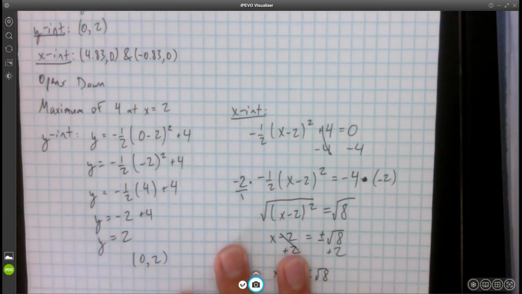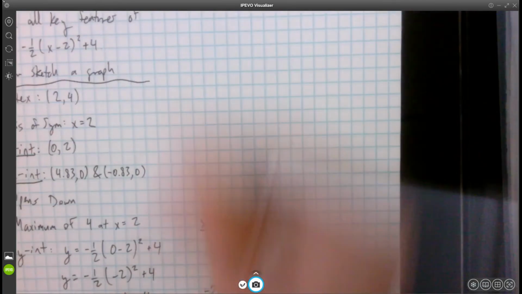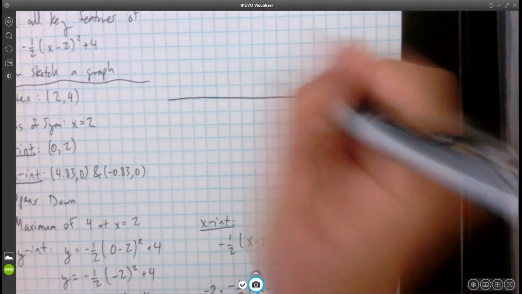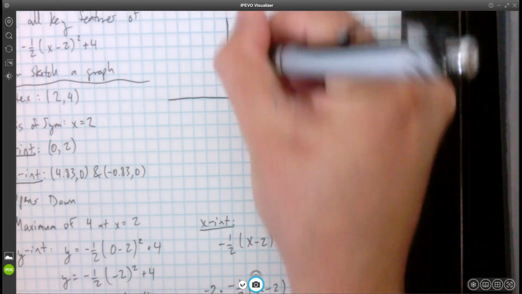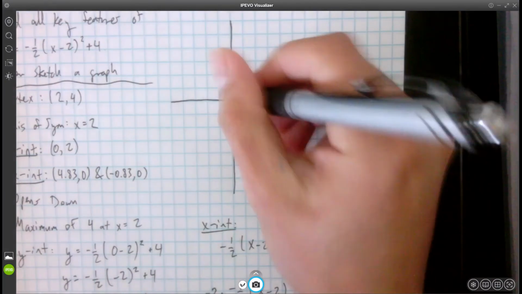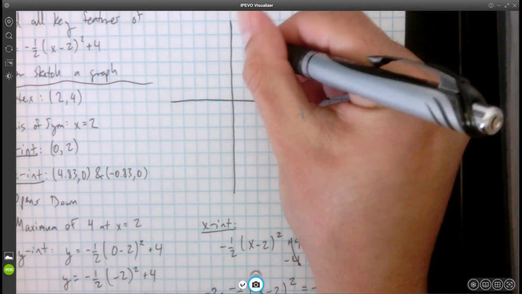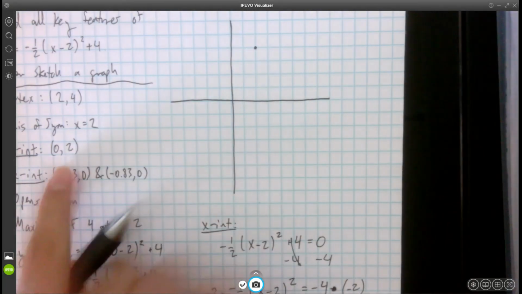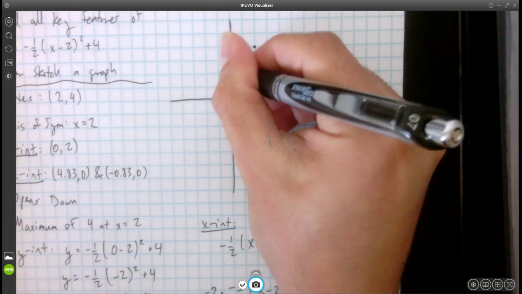Now that I have that, let's sketch our graph. My vertex is (2, 4). That's a maximum. I have a y-intercept at (0, 2).